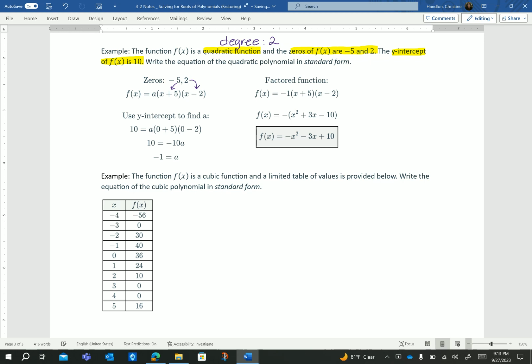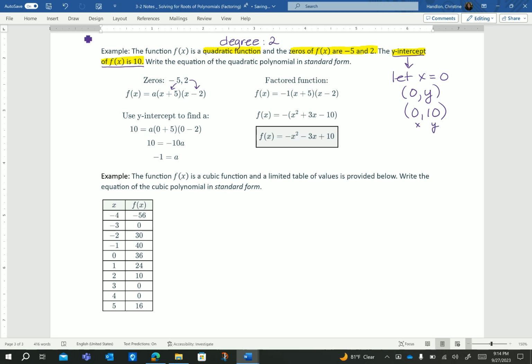Now, how do you look for it? Well, they gave us the y-intercept, okay? The y-intercept is 10, and we know that y-intercepts mean that we have to always let x be a 0, because remember, it's written as 0, comma, y for y-intercept. So if they gave us 10 to be our y-intercept, our coordinates are 0, comma 10. So 0 is my x and 10 is my y.